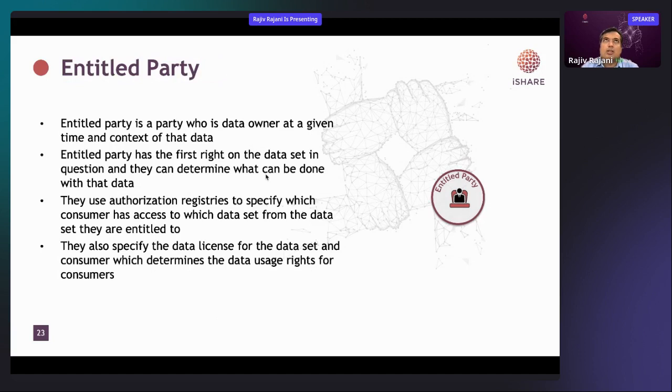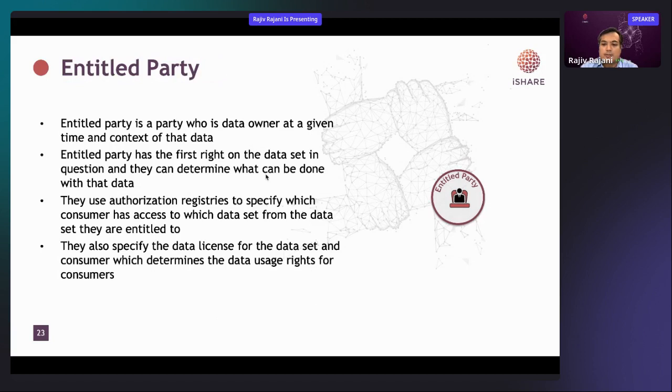It cannot necessarily be the one who generates that data, because it can be another party who generates it for another organization, for example. But then the entitled party remains the one for whom it was created. That is an example of it, right? So the entitled party is basically who wants to retain sovereign control over its data.